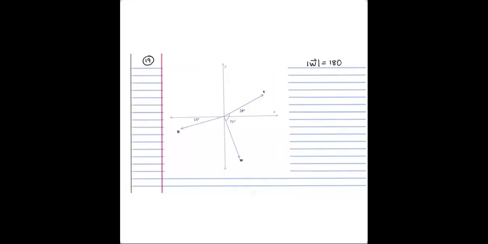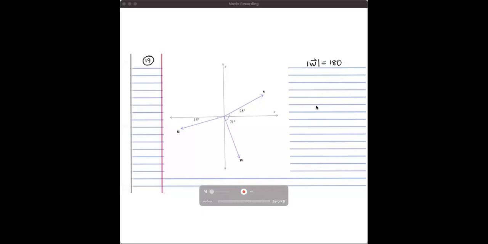I don't know if the picture's sent. So now I've captured the problem out onto my iPad. We know that the magnitude of w is 180, so I'll label that.